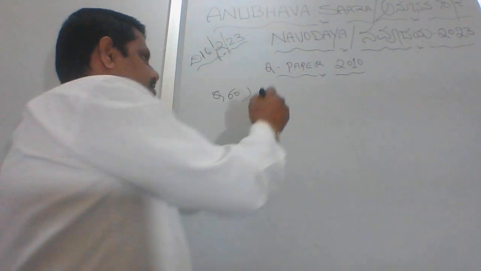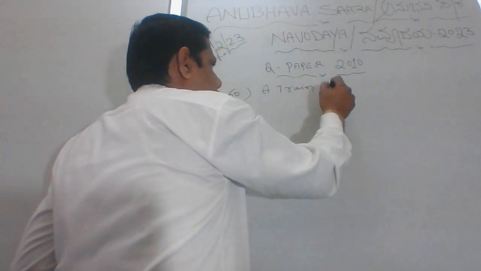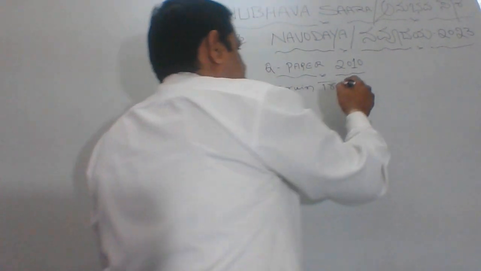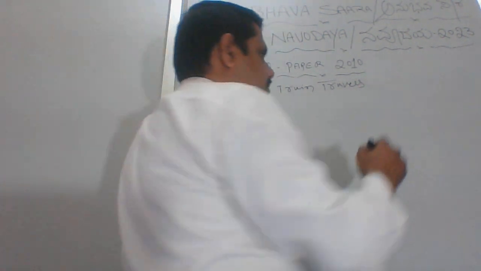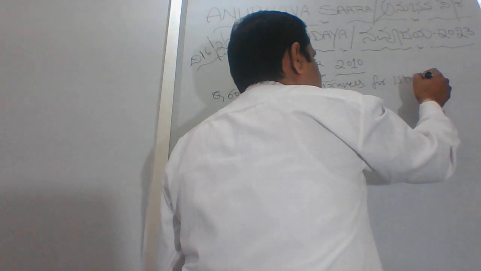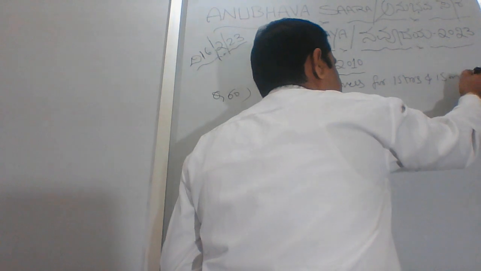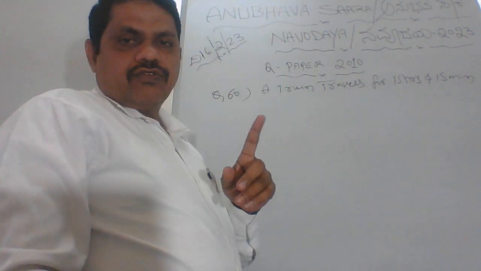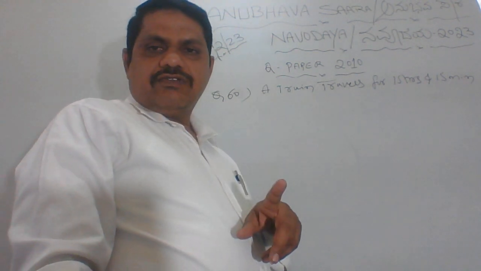The question says like this: a train travels for 15 hours and 15 minutes. Clear? So a train travels for 15 hours, 15 minutes.